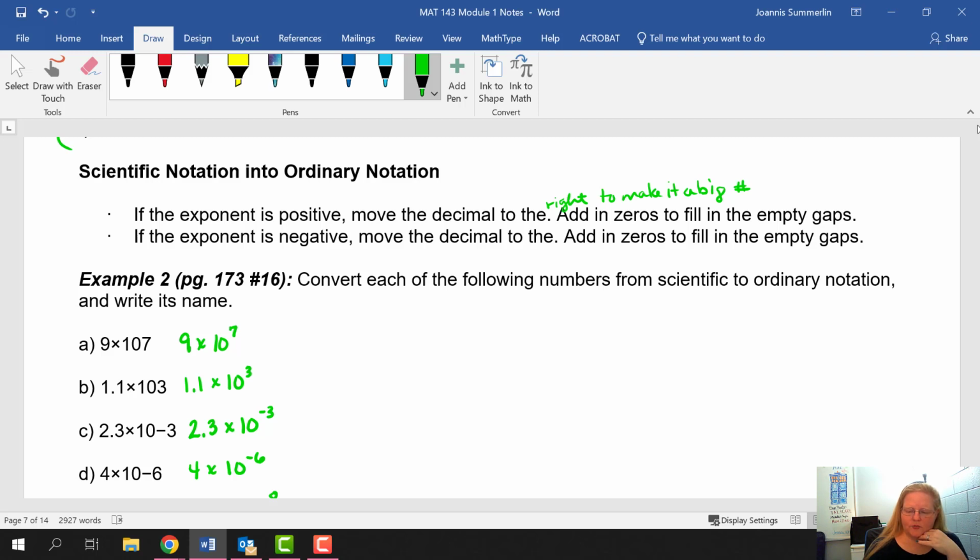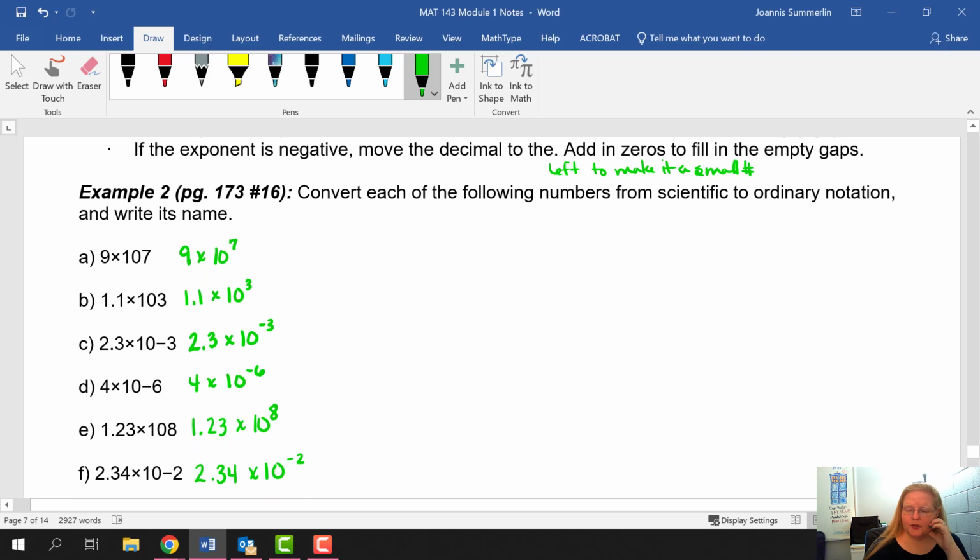And here you're going to move the decimal to the left to make it a small number, and fill in the empty gaps with zeros.